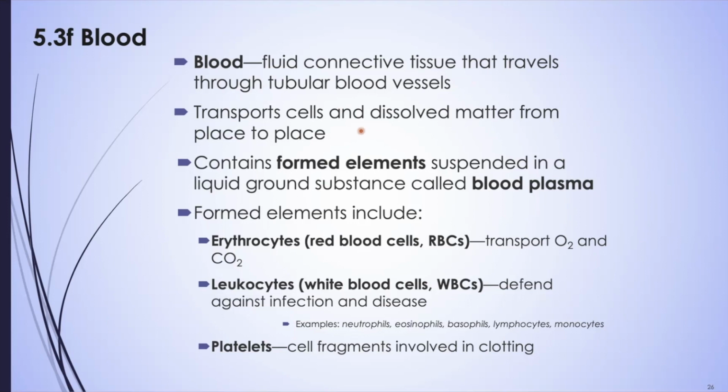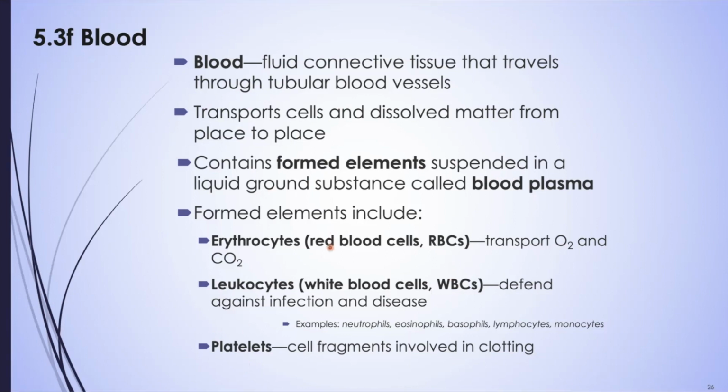So it's going to contain formed elements that are suspended in a liquid ground substance. And that liquid ground substance is called blood plasma. So the formed elements are going to include red blood cells, white blood cells, and platelets.